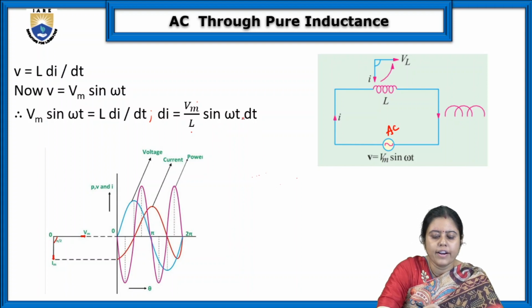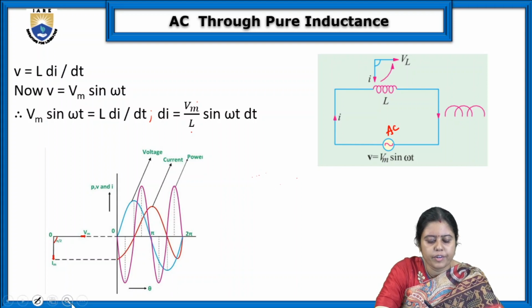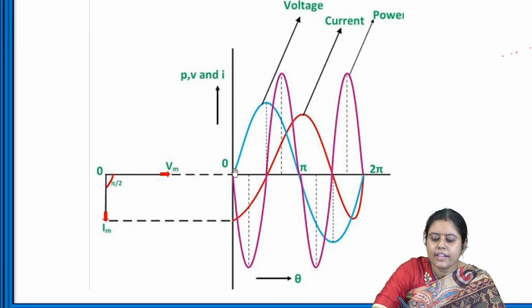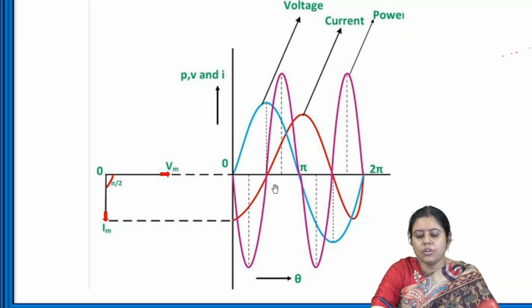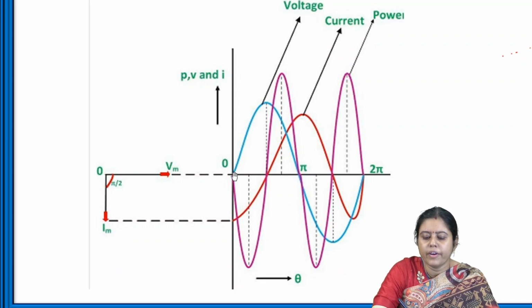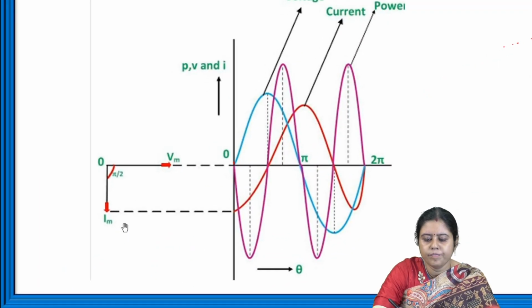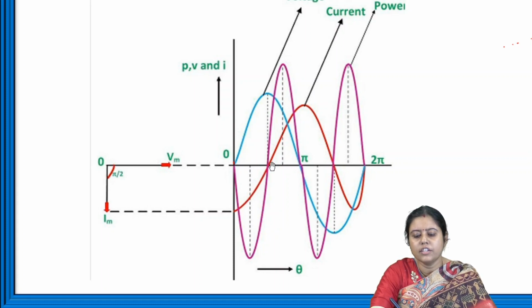First, we will try to understand the physical interpretation, then we will go to the mathematics. In the physical interpretation, if you zoom into this circuit, what are we getting here? This blue one is the voltage, and here we see the current is always lagging. What is the meaning? When the voltage is zero here, the current, this red one, is not zero.